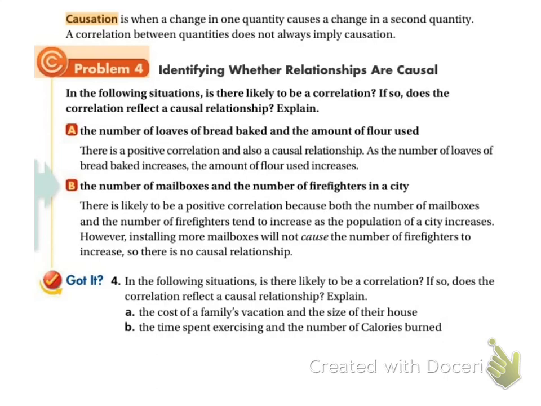So there probably is a correlation. We don't know how good it'd be, but there's probably some correlation. But do they cause each other? Well, the more I spend on a vacation, that does not cause me to have a bigger house, right? When we were explaining it there, we went back to the root of there's probably more people in their family, right? But how much you spend does not cause the size of your house.